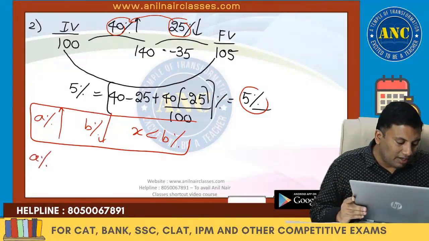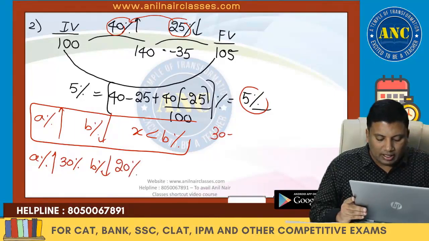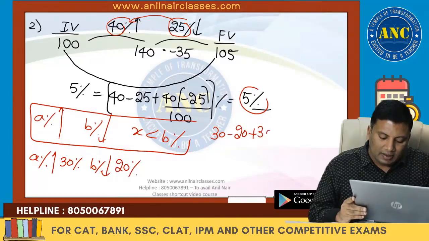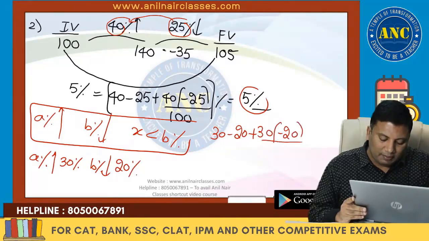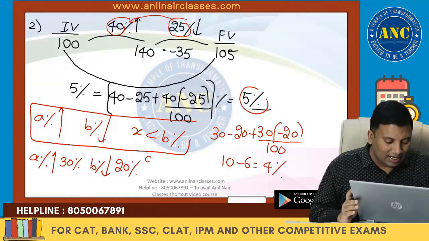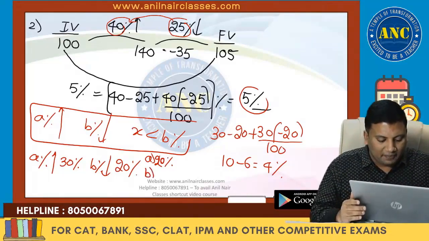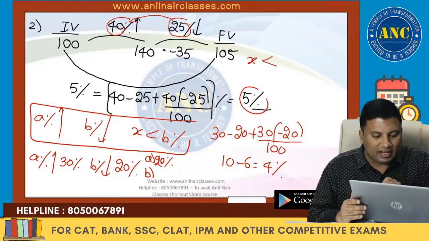For example, if A percentage is 30% and B percentage is 20%, the answer is nothing but 30 minus 20 plus 30 into minus 20 by 100, which is 10 minus 6, 4%. Now it is not only X less than B, you can further decrease.